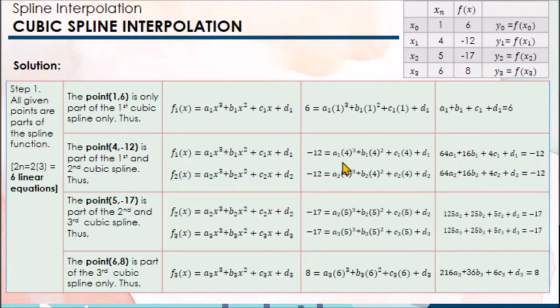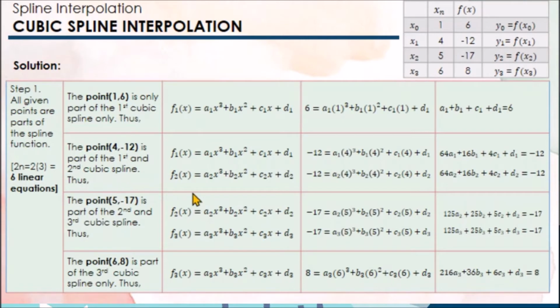So we have a sub 1 times 4 cubed plus b sub 1 times 4 squared plus c sub 1 times 4 plus d sub 1. And then simplifying this, class, we have 64a sub 1 plus 16b sub 1 plus 4c sub 1 plus d sub 1 is equal to negative 12.